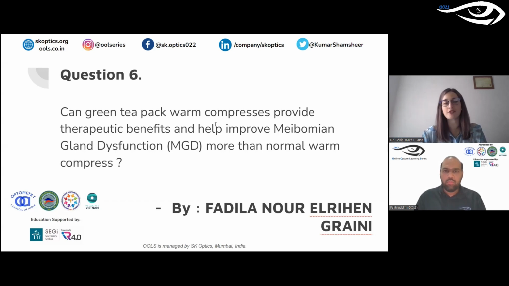So if you want, I can send that across. It's not my study, but I think it's quite good, at least if you want to compare different warm compresses. And at the end, you want to make sure that the treatment temperature is given at the right time and the right temperature.